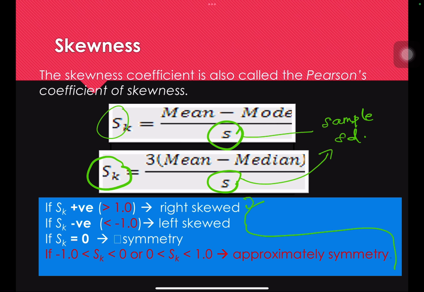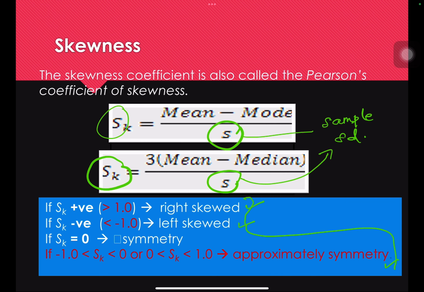If your SK is negative, less than negative 1, it means left skew. In between negative 1 and 1, we can say approximately symmetrical, or 0 itself is symmetrical. Okay, clear?